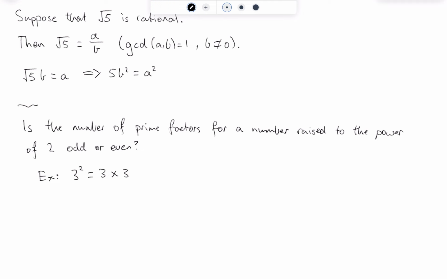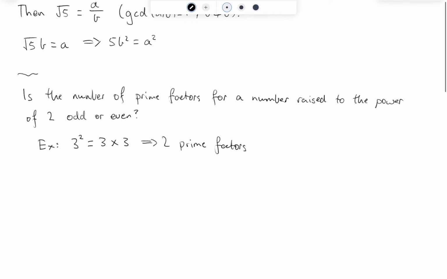So we have 1 prime factor of 3, but with multiplicity 2, so we could just regard that as 2 prime factors. And this number of prime factors is even.